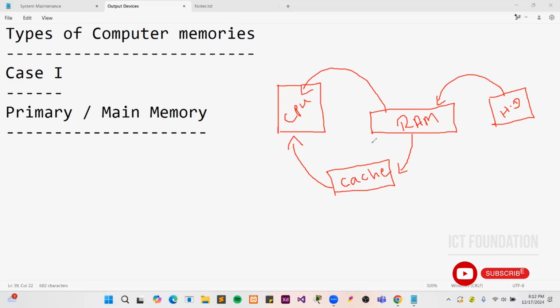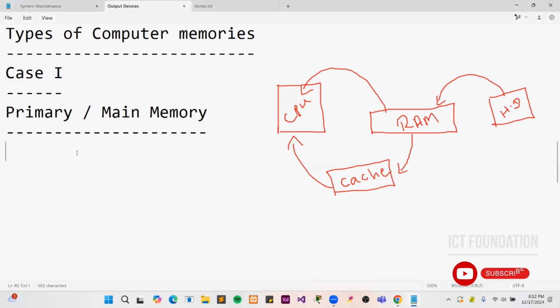Here we can find two main memories: the first one is RAM and the second one is cache. Cache and RAM are the memories that have a direct connection with the CPU. So main memory or primary memory, these are the memories that have a direct connection with the CPU.